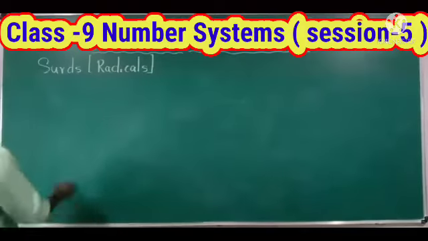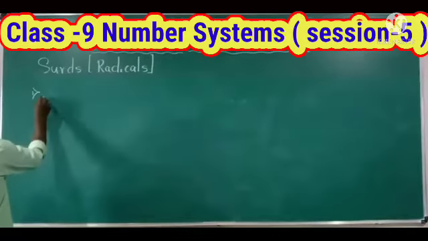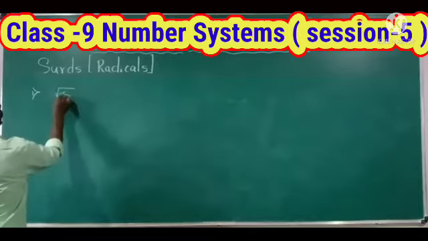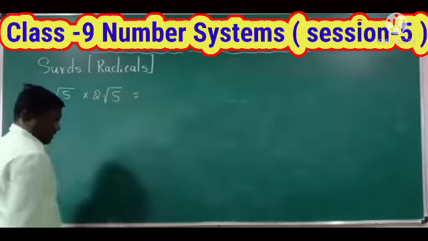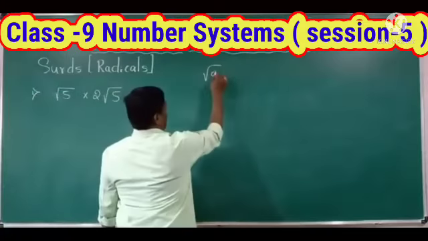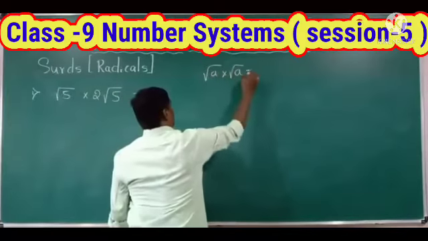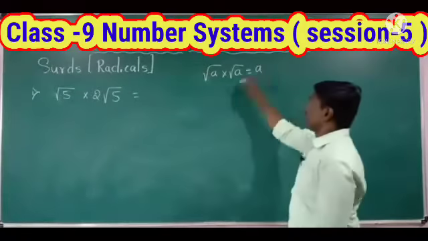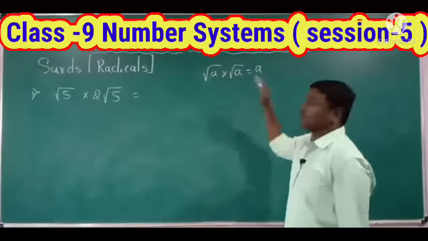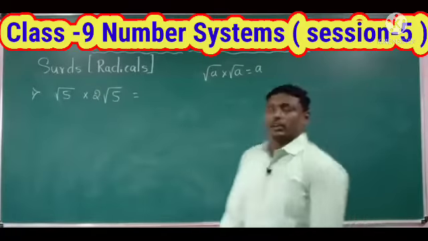Okay, see one example. Root 5 into 2 root 5. I already told you, root a into root a is nothing but a. So a can also be written as root a into root a.